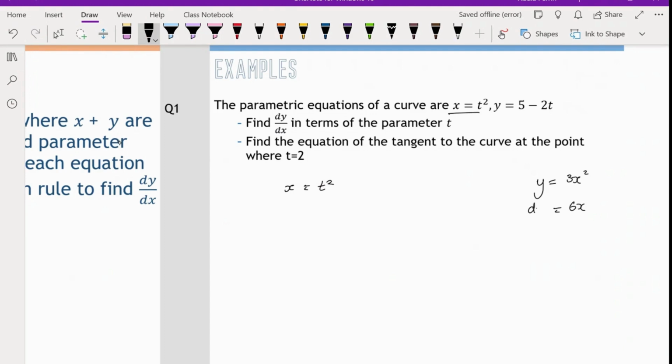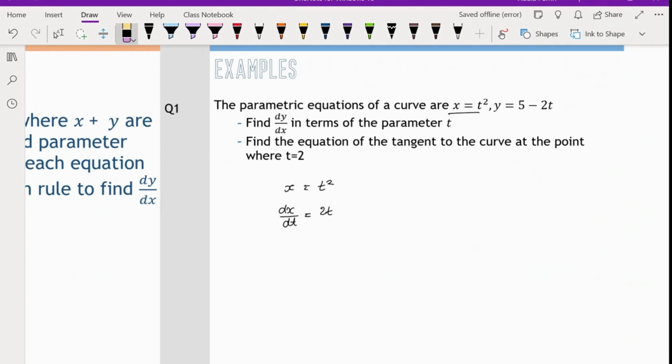And maybe you don't pay that much attention to what is on the left-hand side. But when we've done that, we've differentiated y with respect to x. So with this one, we're differentiating x with respect to t, which means that it's 2t. Okay, so whatever the subject is goes on top, whatever is not the subject goes on the bottom.